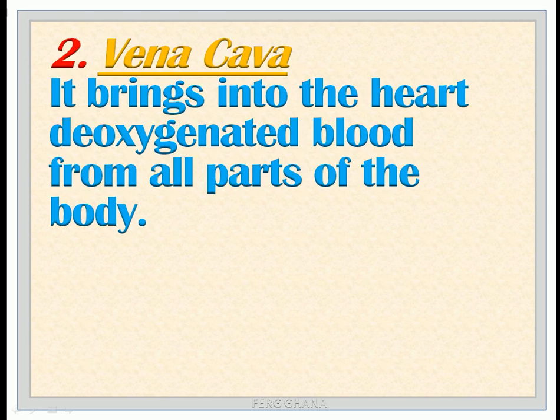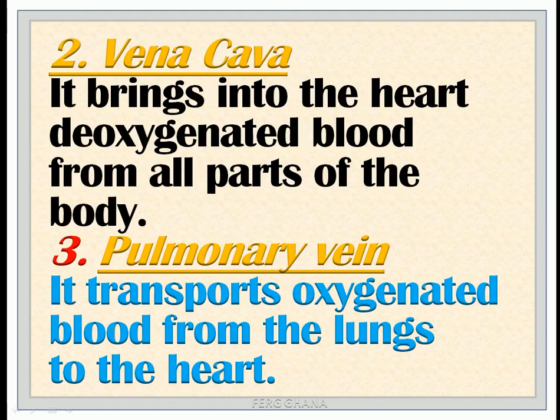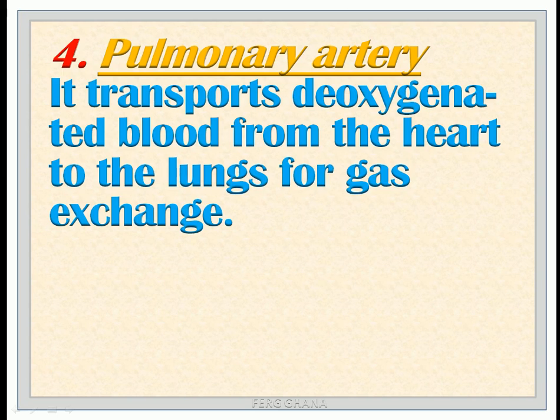It brings into the heart deoxygenated blood from all parts of the body. 3. Pulmonary vein. It transports oxygenated blood from the lungs to the heart. 4. Pulmonary artery. It transports deoxygenated blood from the heart to the lungs for gas exchange.